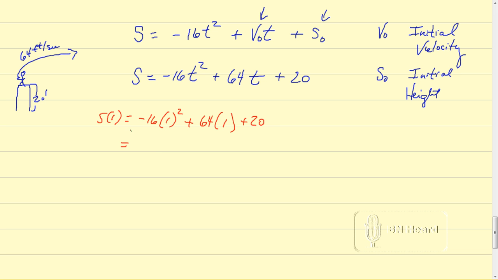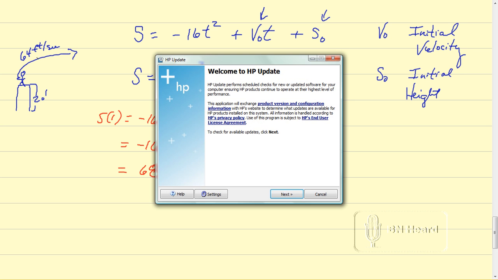Negative 16 times 1 squared. 1 squared is 1. It's just negative 16 plus 64 plus 20. Negative 16 plus 64 is 48, plus 20 is 68. So after 1 second, that ball is 68 feet in the air.